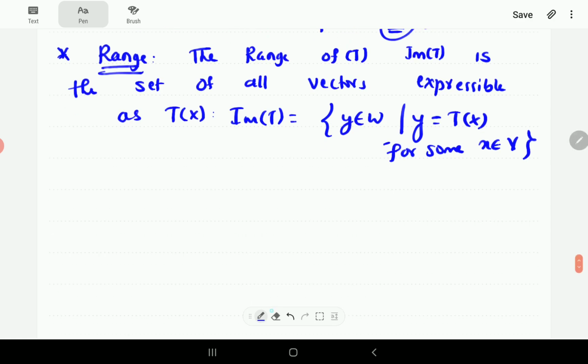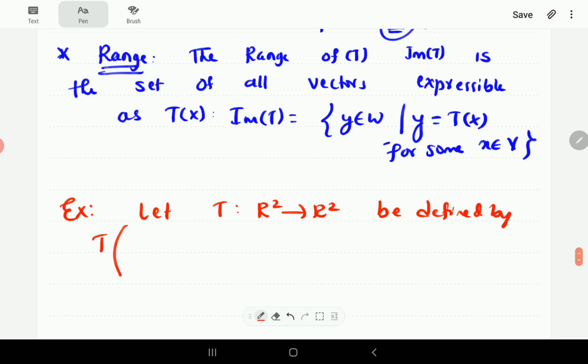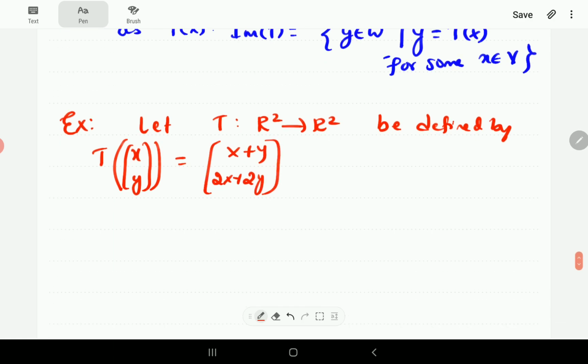So it is basically the image of all the elements of x in W. So let us see the examples. Try to understand this definition with the help of an example. Now let T be a function from R2 to R2 defined by T of (x, y) equal to (x plus y, 2x plus 2y). Find the range.